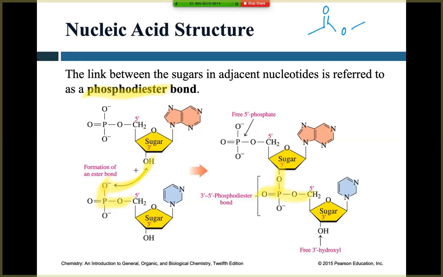And then we typically name it by where it's linking up to, and we do it in order of which their connection happens. So again, we're going to do it numerically. So it becomes a 3', 5', 3' off the top sugar, 5' off the bottom. So 3', 5' phosphodiester bond. So take home message, we're connected through phosphodiester bonds. One of them goes through the 3' sugar, which is on the top, and then the 5', which is on the bottom.